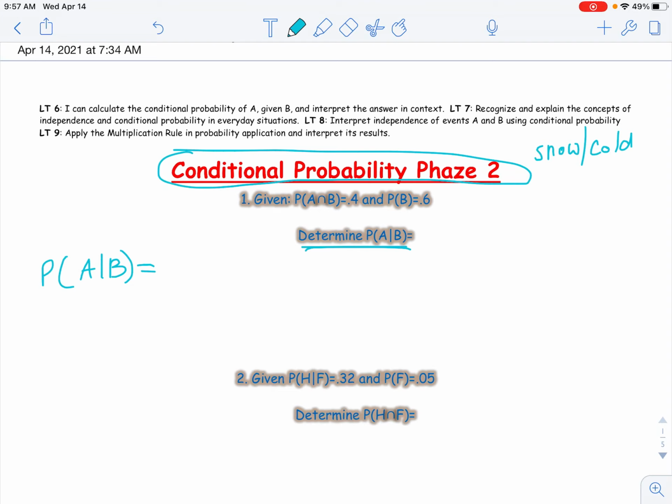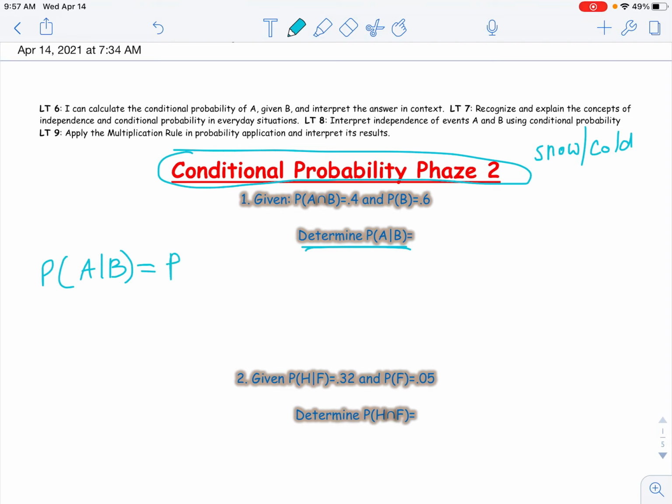Some other examples: what's the probability it rains when it's warm out? Well, that's going to be different. You can always think about weather, maybe traffic. What's the probability that there's heavy traffic given that it's rush hour? Well, it's going to be near 100% because the time of the day impacts that, and so on and so forth.